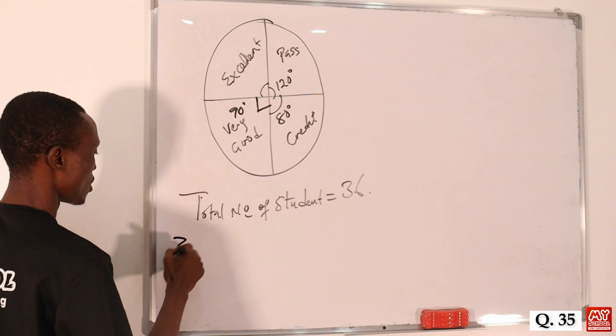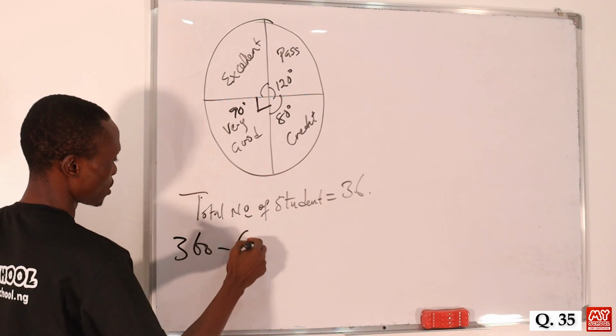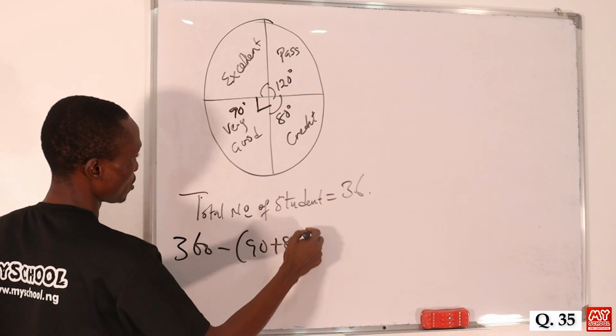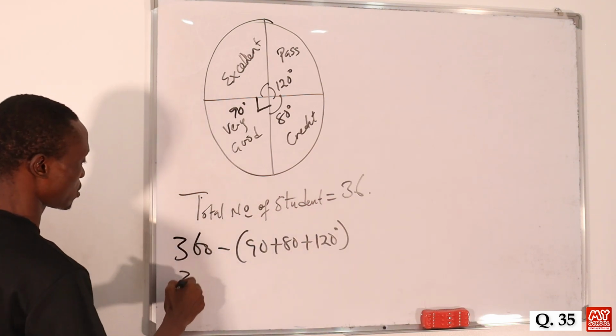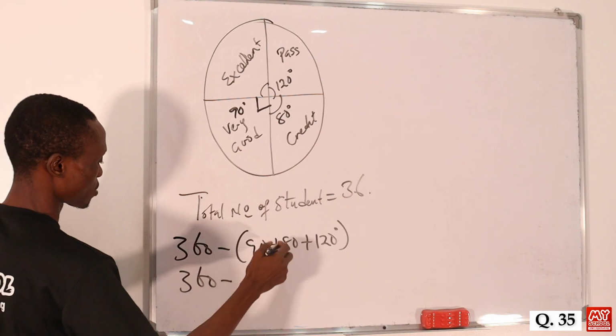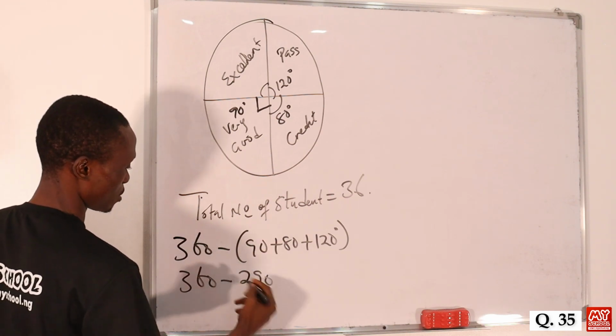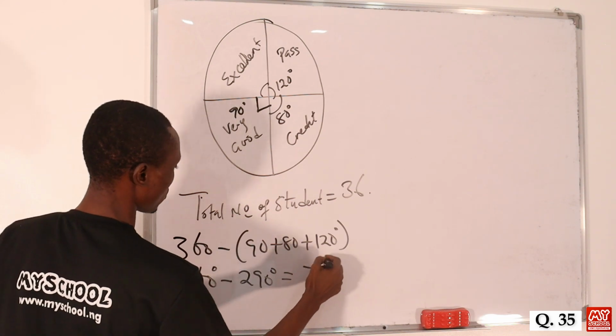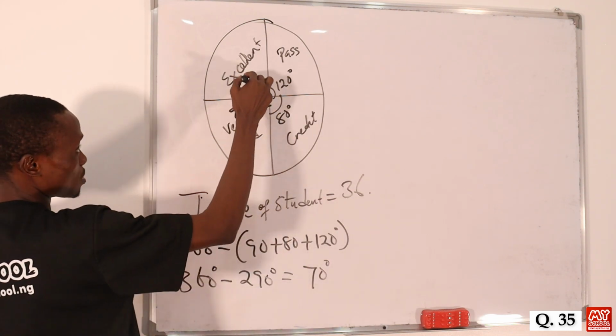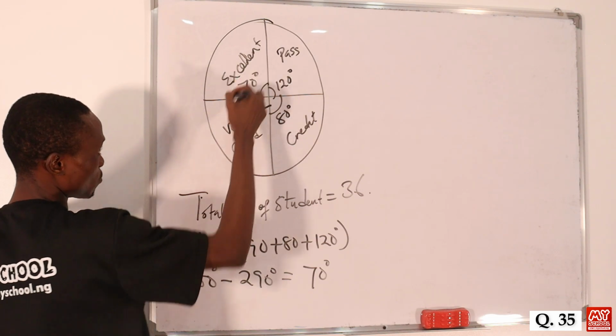So let's do that. 360 minus 90 plus 80 plus 120 degrees. Okay, so this will be 360 minus 290. Okay, so all in degrees, and that will be equals to 70 degrees. So the angle of the sector of excellence is 70 degrees.